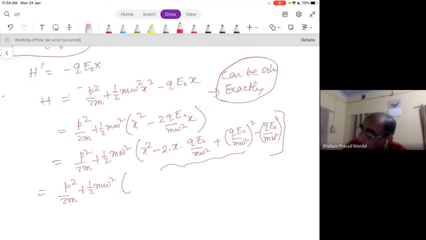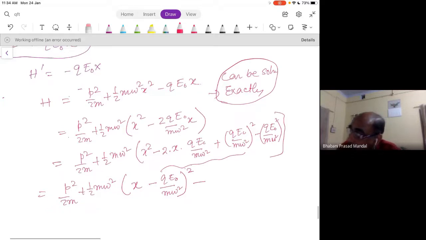Okay, I'm going very slow, so don't worry, but we'll go fast also. Some students, Sonal, will be getting bored since she already knows this answer. Okay, so this plus, and there is a minus, so this minus I take outside. I did correct half m omega square, then q square E0 square by m omega square whole square.